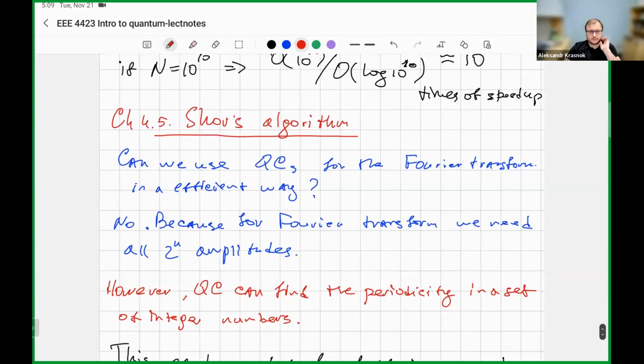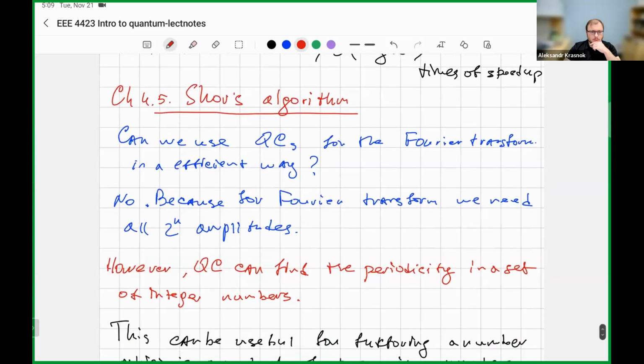Next, we discussed the purpose of Shor's algorithm. Unfortunately, we don't have time to dive into details of this one, but today Shor's algorithm is considered one of the most important algorithms.